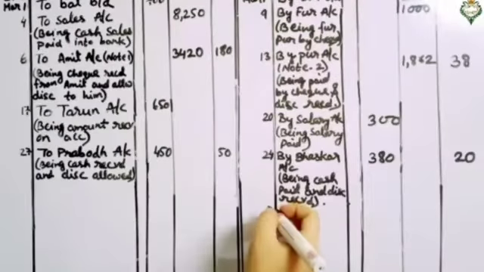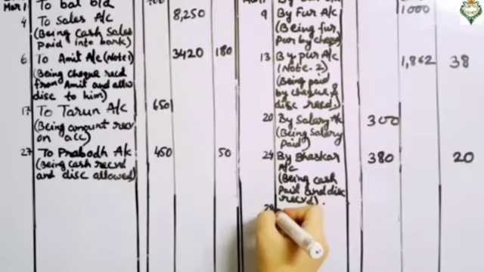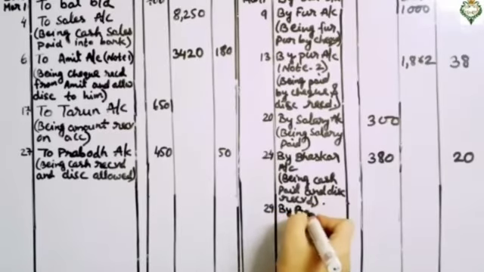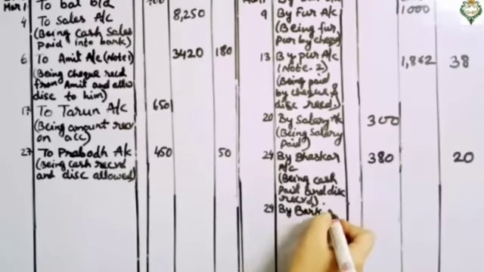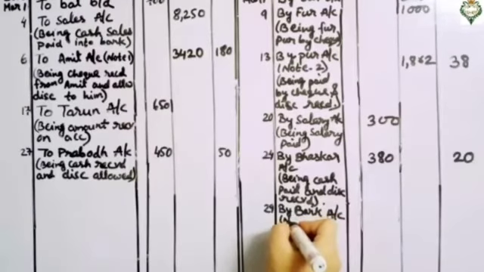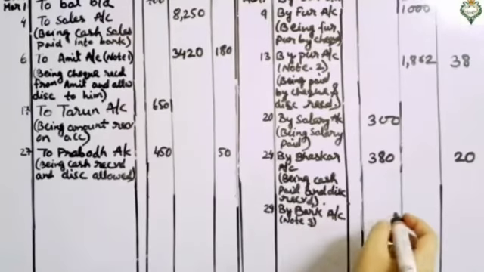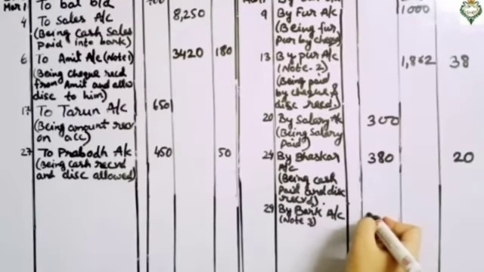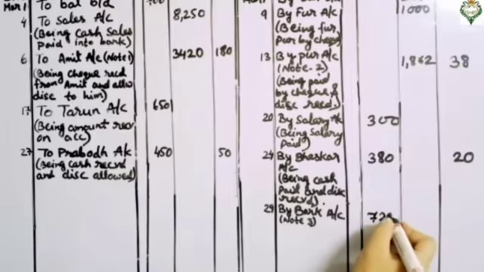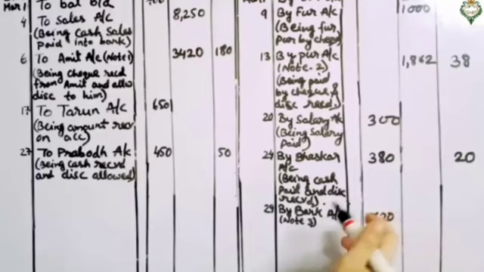So after the working note, now we know what we have to put into the bank. So we have to write here by bank account. You can see the note 3 that we have done just now, and the amount is 720 that we have to write in the cash column, because we are depositing the cash into the bank.